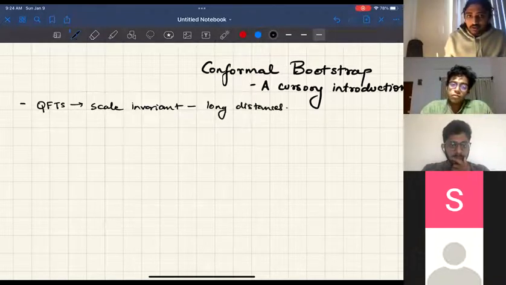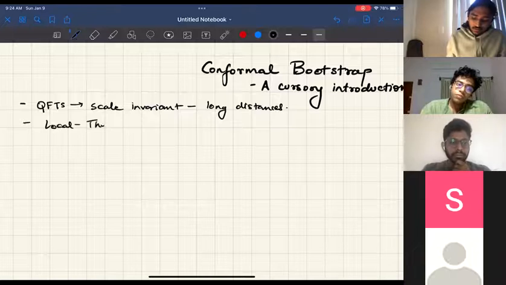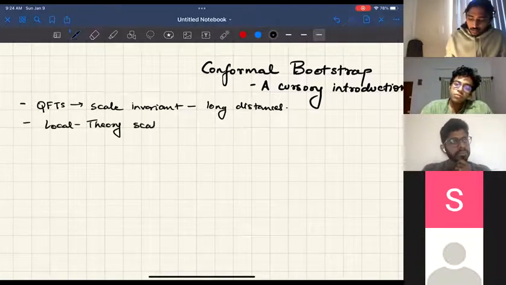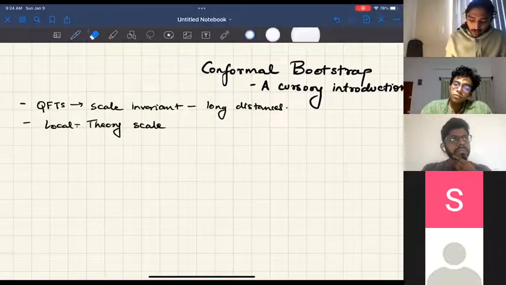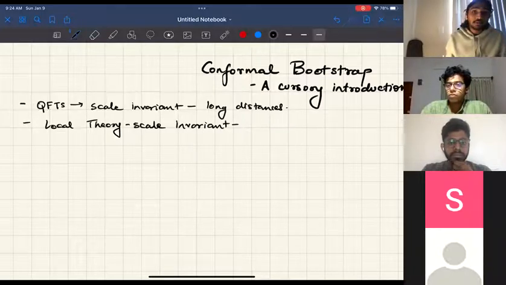Yeah, and so if we have a local theory that is scale invariant, right? What happens in most of the cases is that this theory is also part of a larger symmetry.